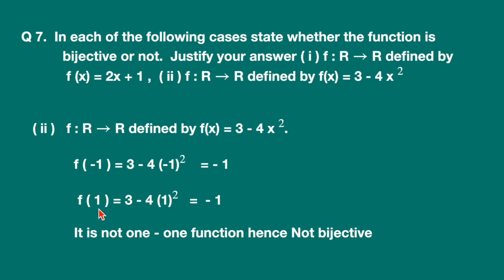And f at 1, substitute x as 1, you get minus 1. So there are two elements in the domain R which has got the same image in the codomain, again which is R. Hence, this is not a one-to-one function, hence not bijective. For a function to be bijective, it should be one-to-one and onto.